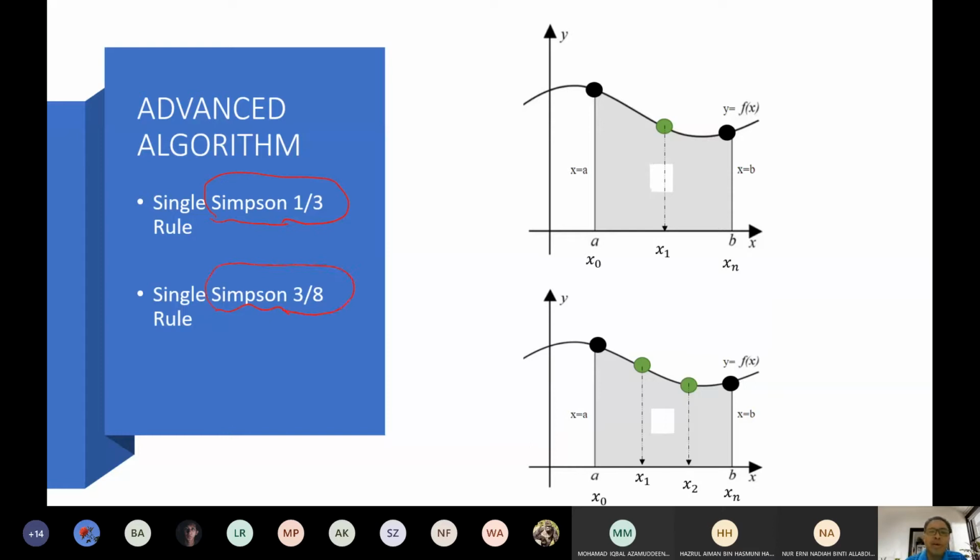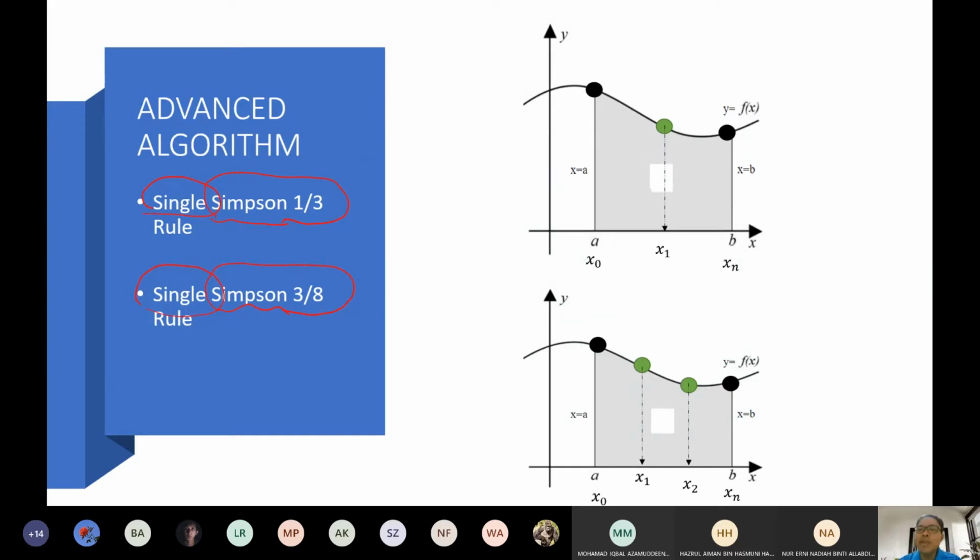And as I said before, this method can be subdivided into single and multiple. The same thing goes for Simpson 3/8, where we have single and multiple. For this slide, I'm talking about single Simpson 1/3 rule and single Simpson 3/8 rule.